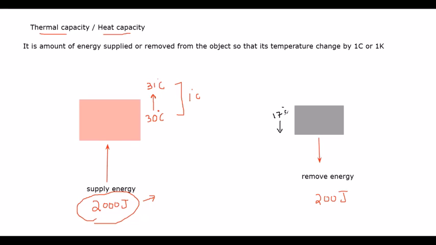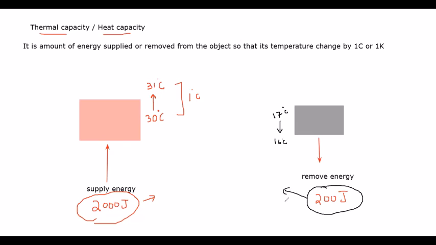So example, this object at 17 degrees, you remove the energy. So if you remove the energy, its temperature will decrease. Example, its temperature decreases by 1 degree. So how much energy you remove so that the temperature decreases by 1 degree?